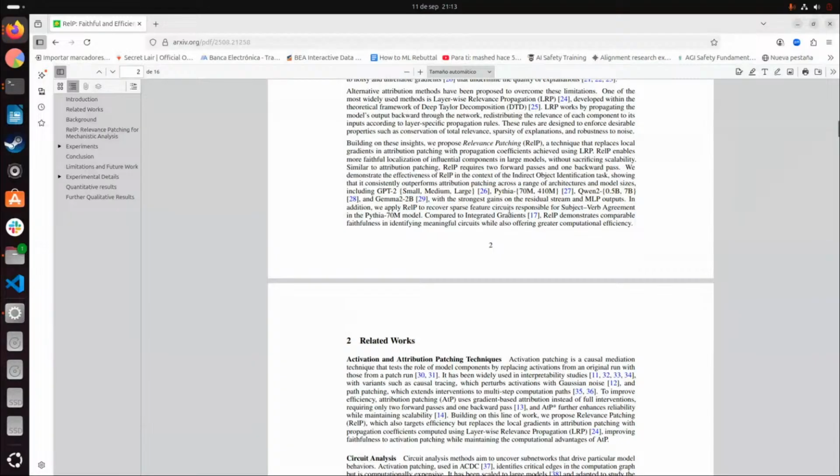The interesting thing about this kind of approximation is to use it on the largest models and see if it works, because that's when you most want to use an approximation instead of just attribution patching.